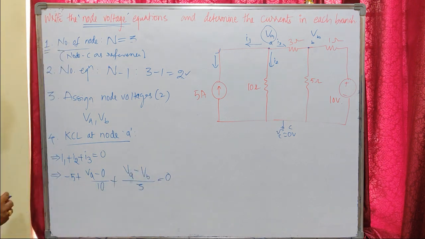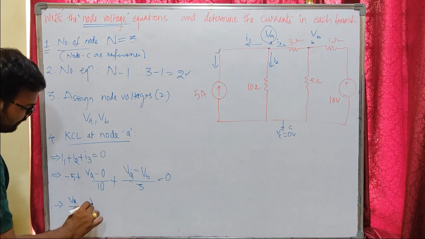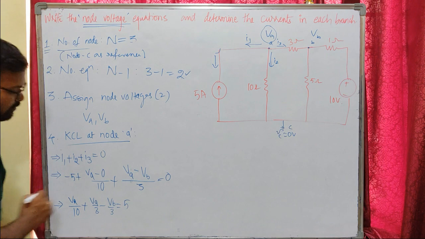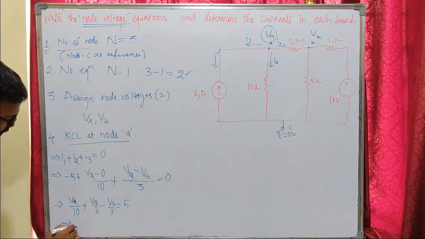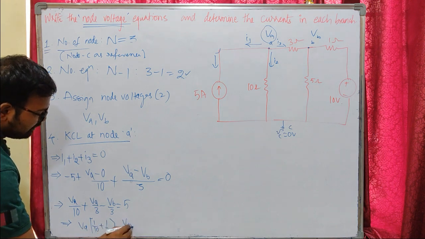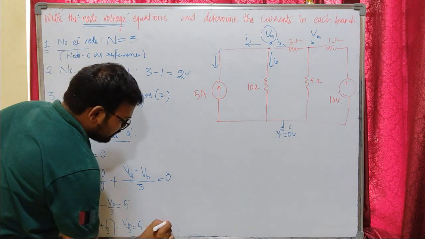Let us rearrange this: VA by 10 plus VA by 3 minus VB by 3 should be equal to 5. Further, taking VA as common, that will be (1 by 10 plus 1 by 3) VA minus VB by 3 equal to 5. We take this as equation 1.